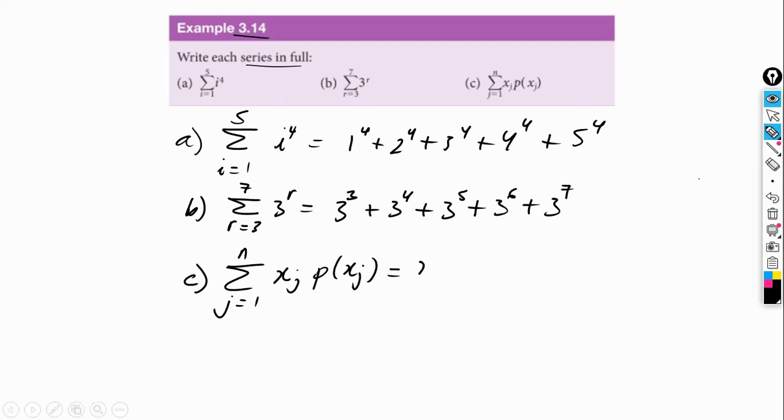So I would say x1 times P of x1 plus x2 times P of x2 plus, and this just continues indefinitely until it reaches the nth term. We would write the last term as x sub n times P of x sub n.